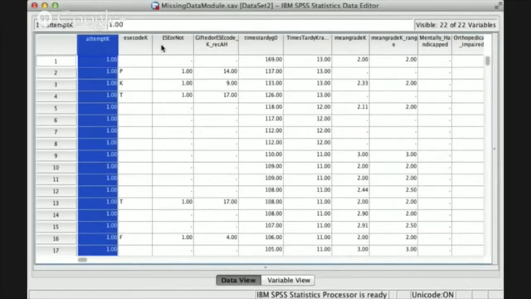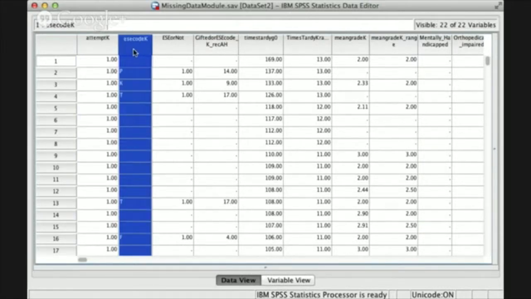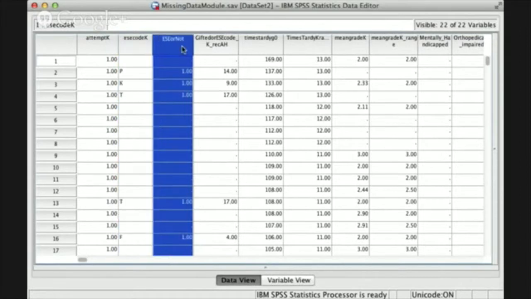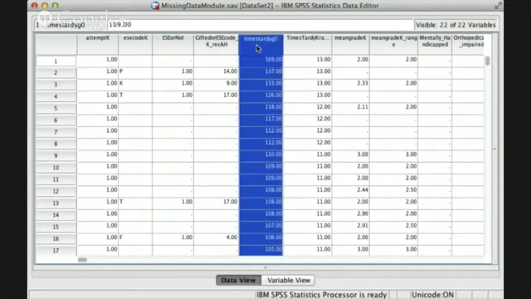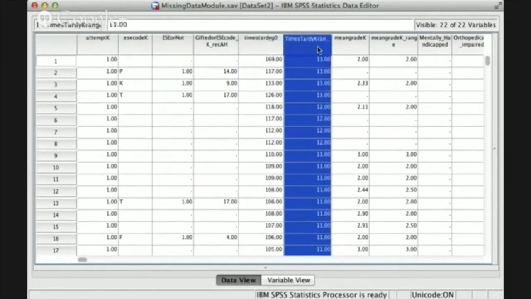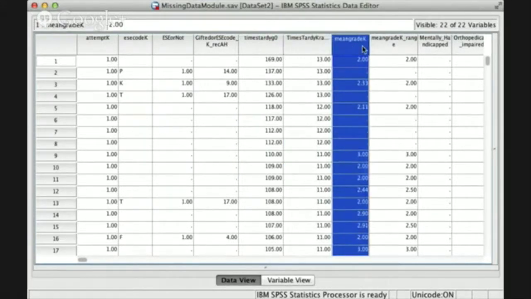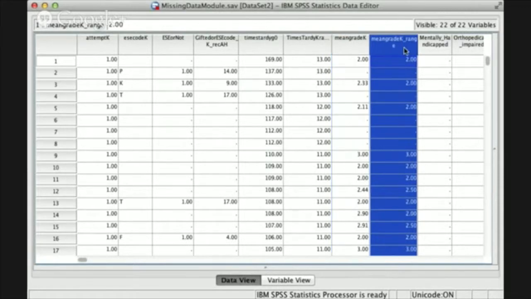Here is my K variable: the original ESE codes, then the recode to show if they have an ESE code or not, so it helps to decide where I have the missing data. The number of times tardy original variable, and then the range variable that I recalculated, and then their mean grade in K. Since it went up to the hundredths point, I recoded that as well into a range variable, so it was just 1, 1.5, 2, 2.5, 3, with 3 being the highest, very satisfactory performance.